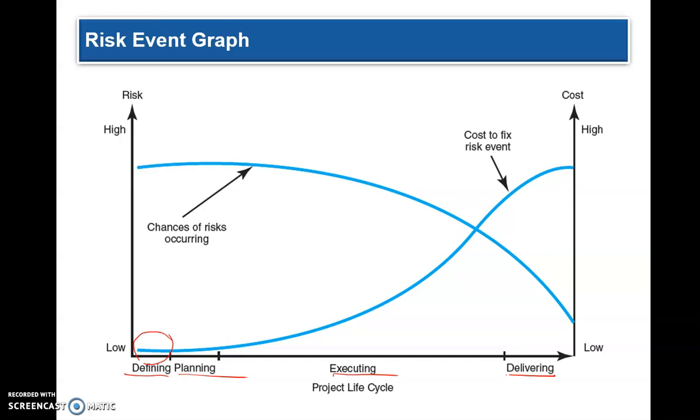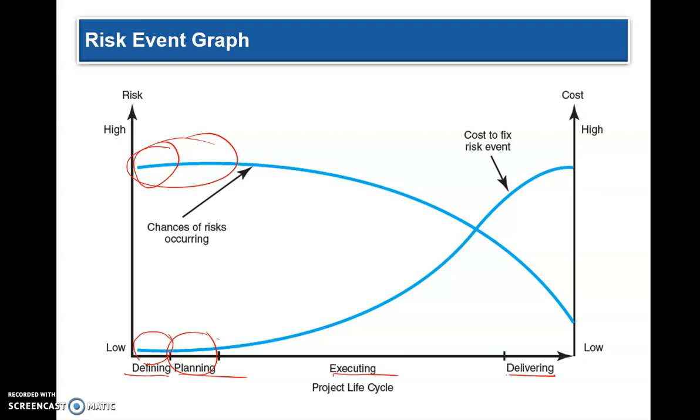But you'll also see a lot of risks because you can see those risks. You can see that there are chances of risk occurring further into the project. You have to take advantage, during the defining and planning stages, of identifying all the risks and putting together a very nice risk management plan.